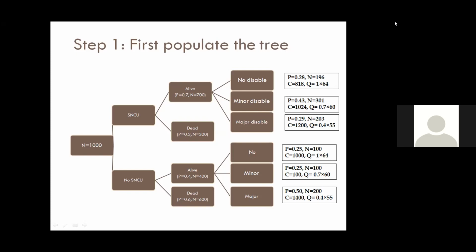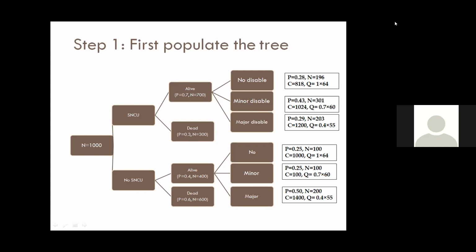Out of 700, 28% will be no disability, 43% will be minor, and major disability will be 29%. That is the data given. So accordingly, just multiply with that N, and then you get the new N in each box: 196, 301, 203.